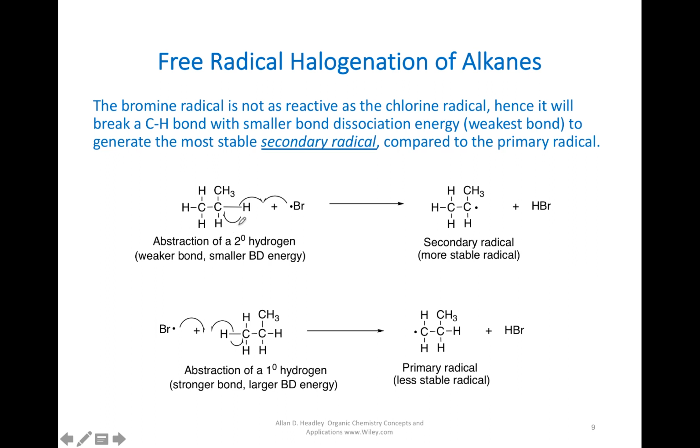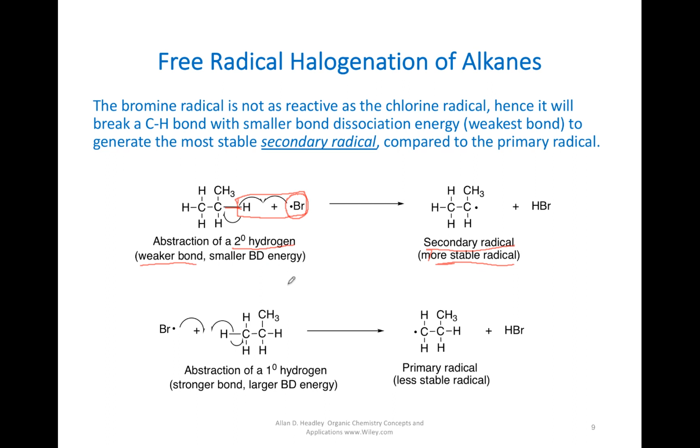So if we have this molecule here, and here is our CH bond to the secondary hydrogen, bromine being less reactive will prefer to bond with the weaker CH bond, to form the secondary radical, or the more stable radical.